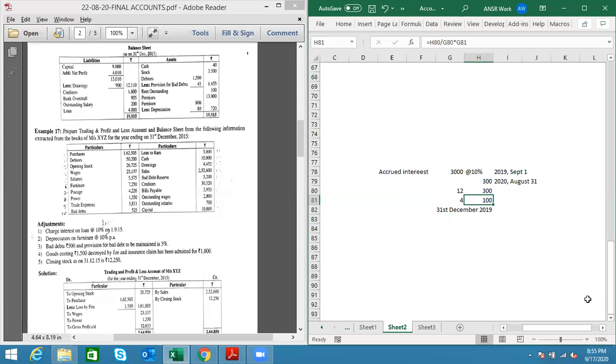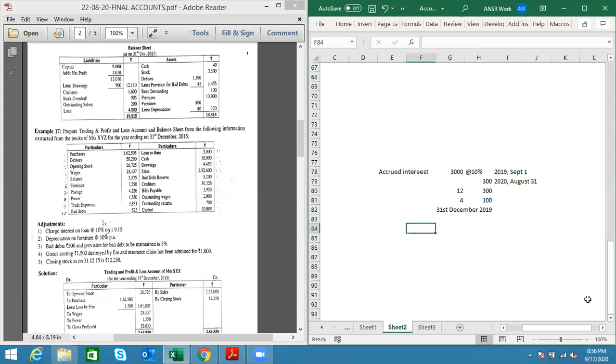Right. Because the time has elapsed and the money has been used by the other person, I have earned that much interest, even though I haven't charged it because of the agreement that I have. Does anyone have any doubt on that? Okay, I'll take that as a no. Good enough. So that amount of money is called accrued interest.